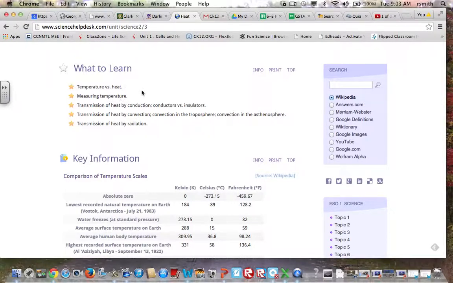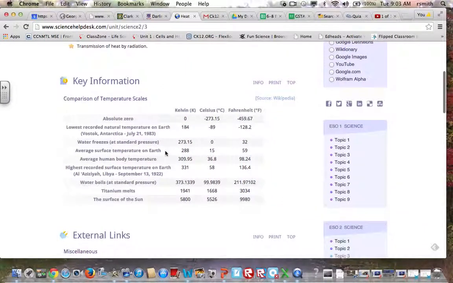You can refer back to it, but in this particular web page, they talk about temperature versus heat, measuring temperature, the transmission of heat by conduction, conductors versus insulators, transmission of heat by convection, convection in the troposphere or convection in the asthenosphere, which is one of the layers of Earth, and transmission of heat by radiation, which is by the sun.